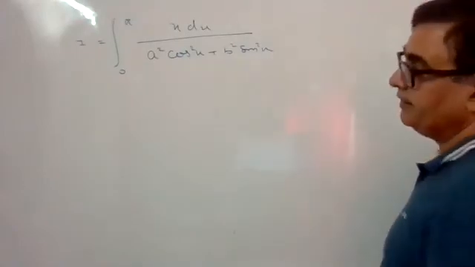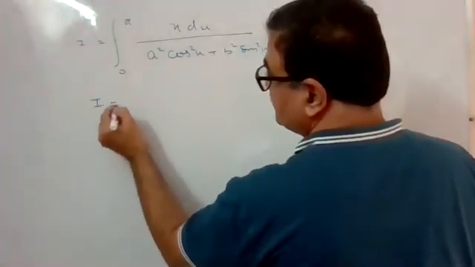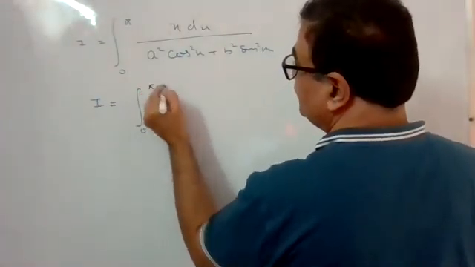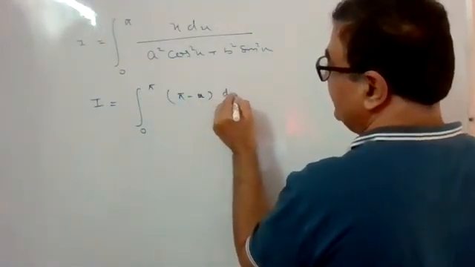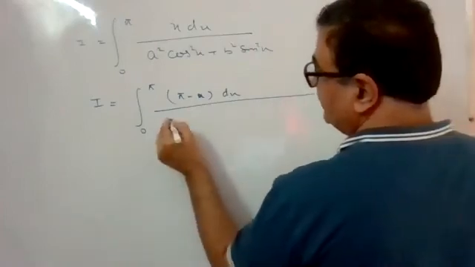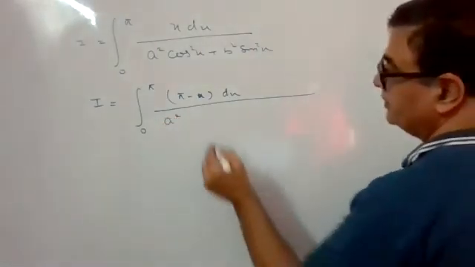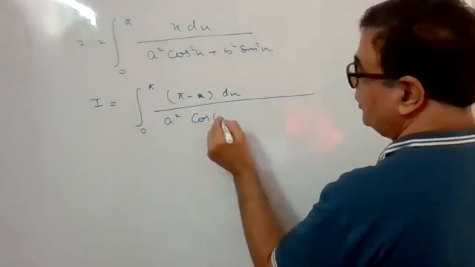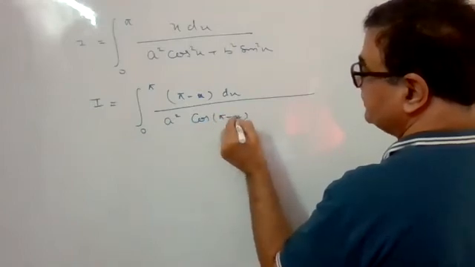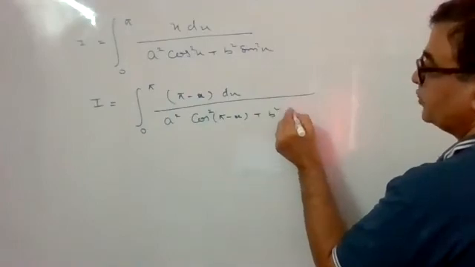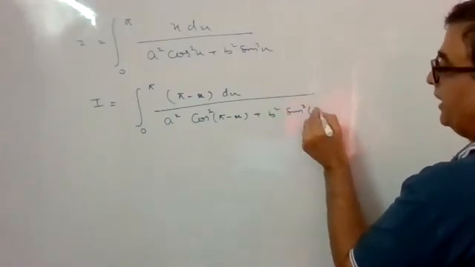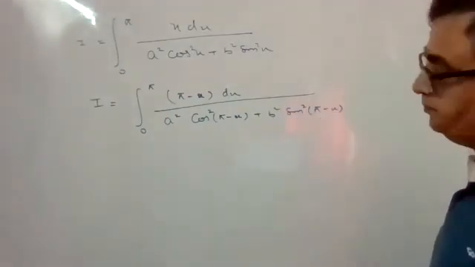Again, pi minus x is to be taken. So I comes out to be the integral from 0 to pi of (pi minus x) dx over a square cos square of (pi minus x) plus b square sin square of (pi minus x).